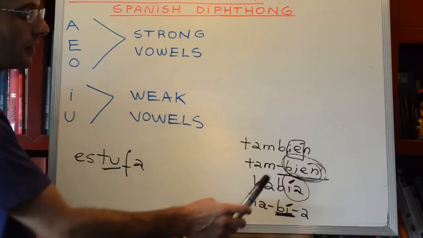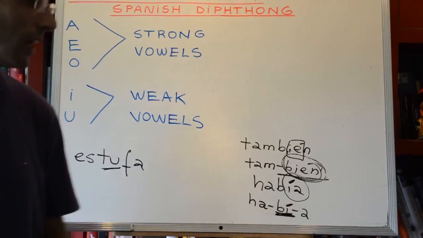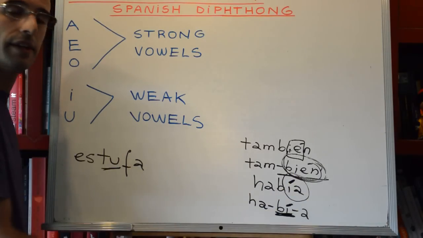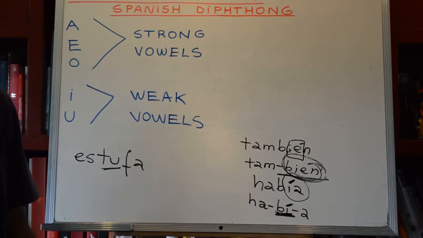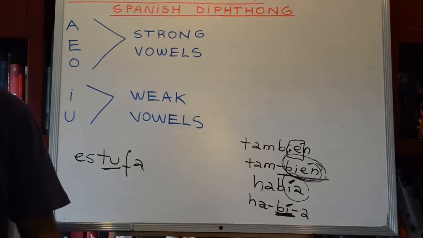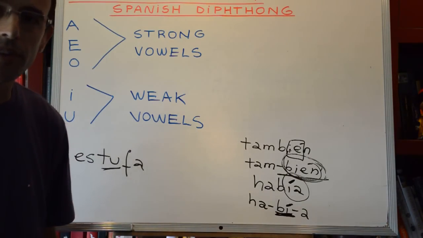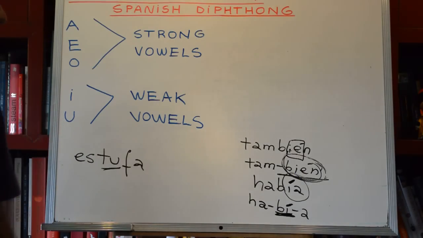since it carries the sílaba tónica, the stress of the word is on the I, right? Then it becomes a strong vowel because the accent is right on that vowel, right?